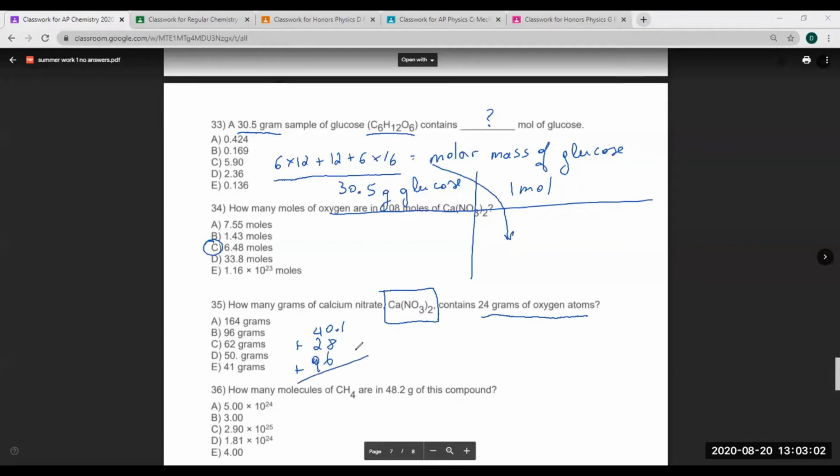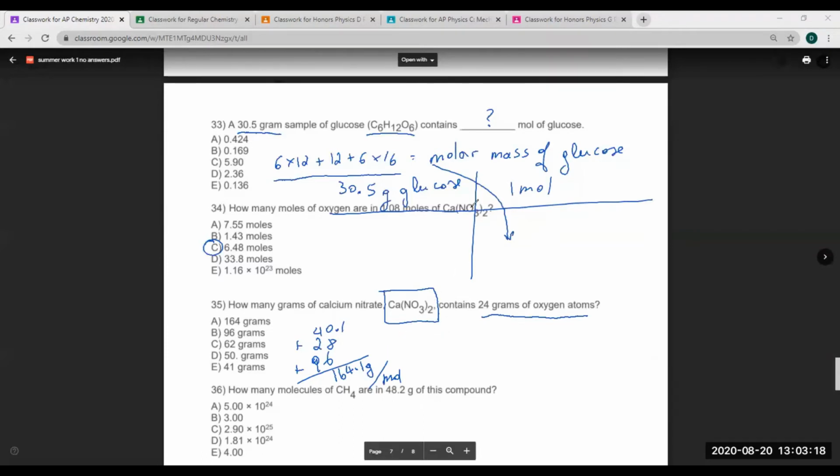We add them up, 96 plus 28 plus 40.1, we have 164.1. Those are the grams of 1 mole of calcium nitrate.